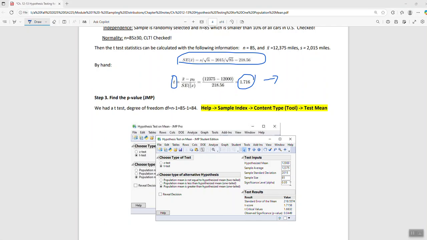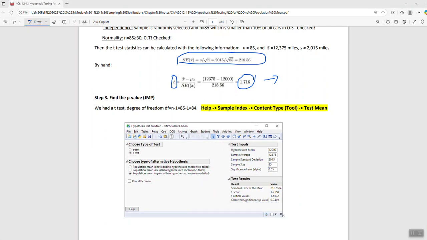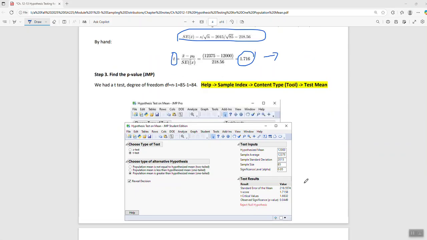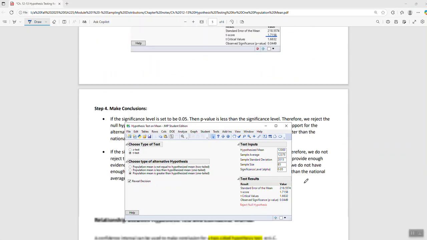Just in case you forget the rejection rule, JMP has an option to reveal the decision, and it will tell you to reject the null hypothesis. I don't want you to rely on this option because not every software you use in the future has it.